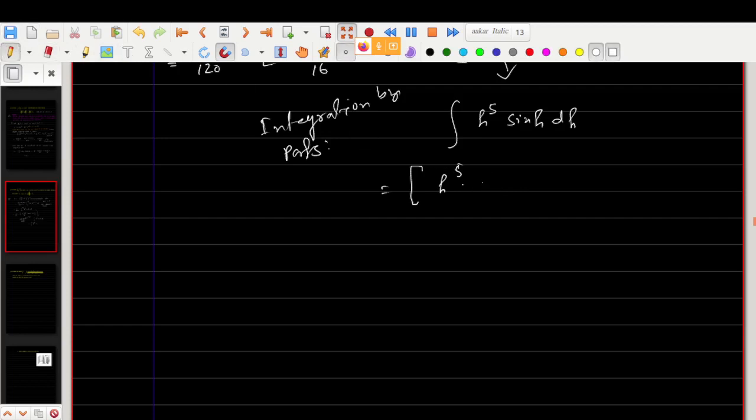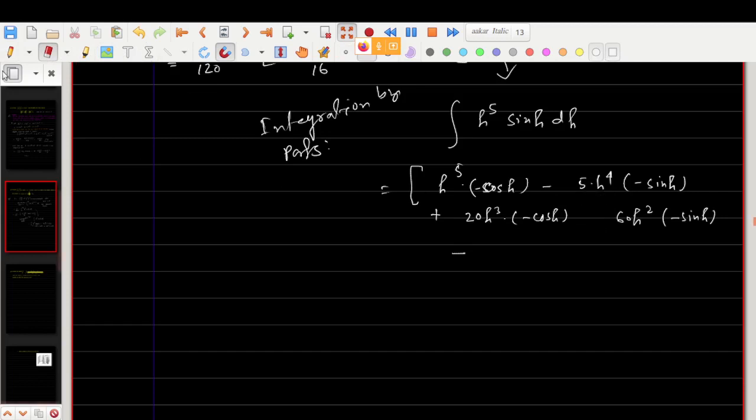First function remains, take the derivative, and second function, the integration. So minus cos h minus 5 h power 4 times minus sin h plus 20 h cube times minus cos h plus 16 h square... minus sin h, plus minus plus, this will be negative, sorry, and again this is 128 times cos h minus 120 sin h.